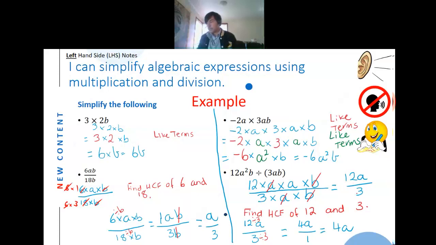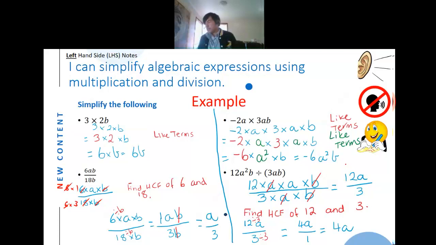And at the bottom we got 3. Now this is not the end yet. If you do this in a test, then you would get half a mark. If this was a 1-mark question, you get half a mark. The reason for that is because the 12 and the 3, we can simplify that more. Because 3 can go into both 12 and 3.